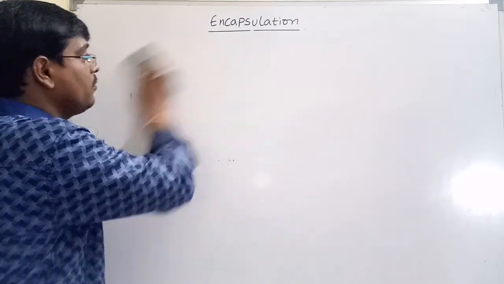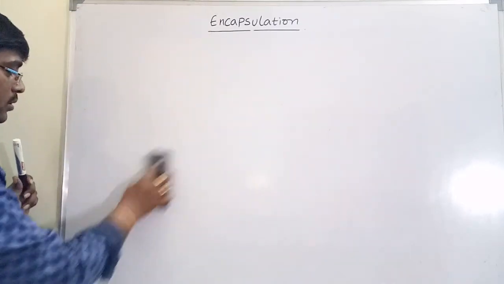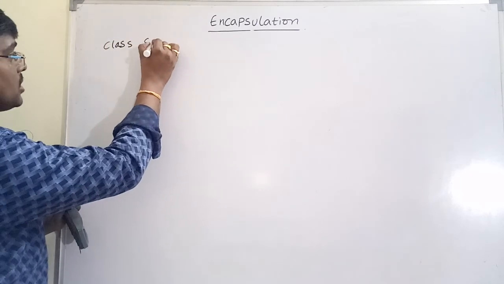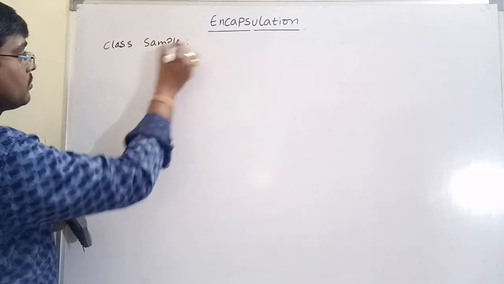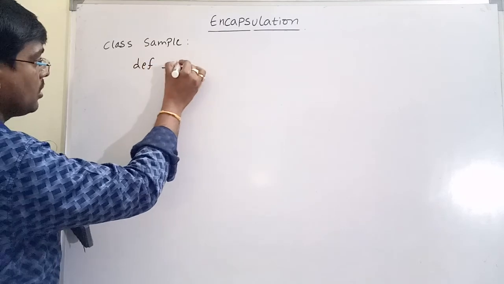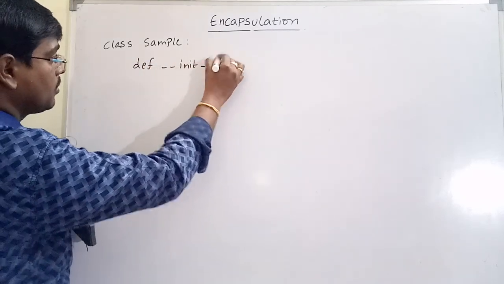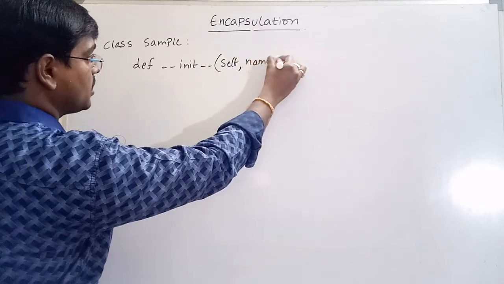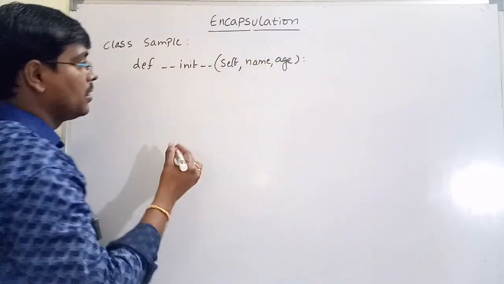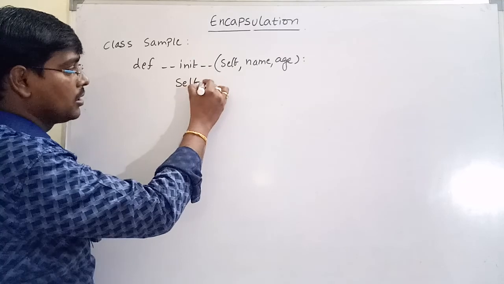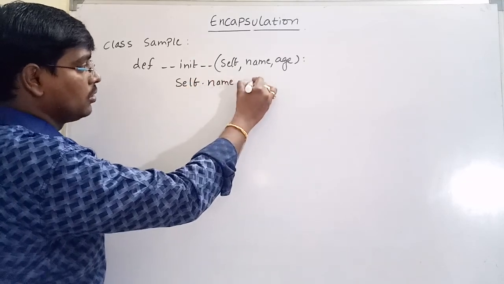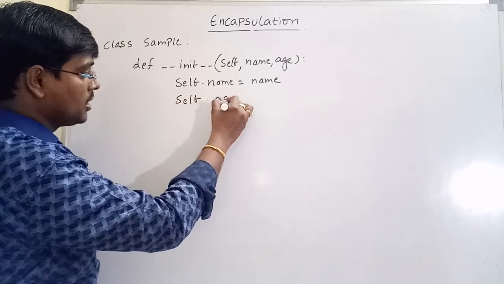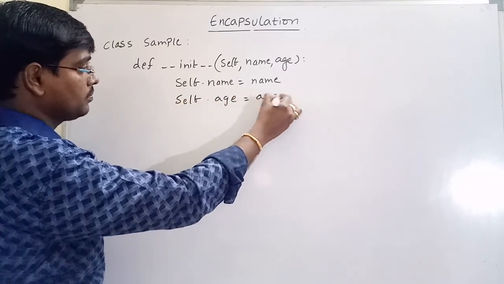For a clearer idea, consider one more example using constructors. Suppose class sample. I am defining a constructor in it with self, name, and age. Self dot name is equal to name, self dot age is equal to age.